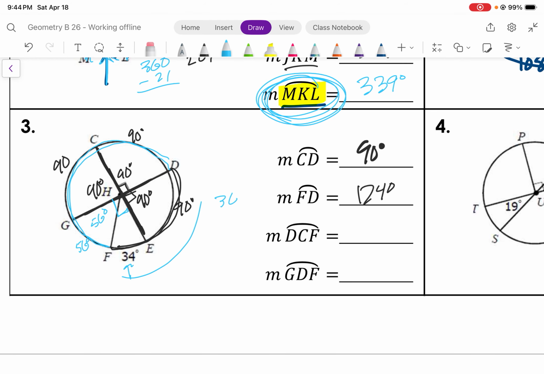So that's 360 minus the 124, which is 236 degrees. And then finally we have from G, and I've got to go up past D to F, so everything but 56, which means this is 304 degrees.